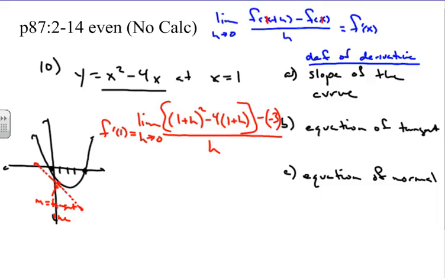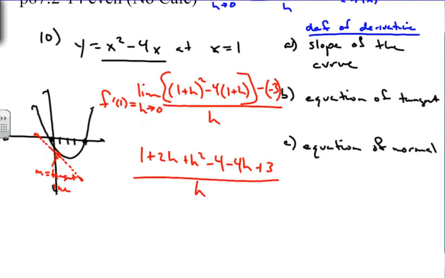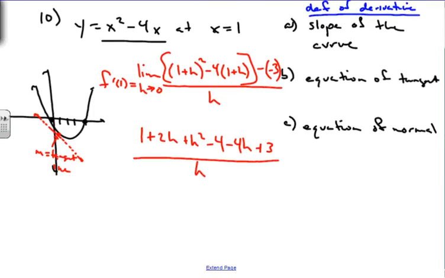So I'm going to do my algebra, and we have 1 plus 2h plus h squared, factor through the negative 4, so we have negative 4 minus 4h, plus 3, all over h. From here, we simplify: 1 plus 3 is 4, which cancels with the negative 4.